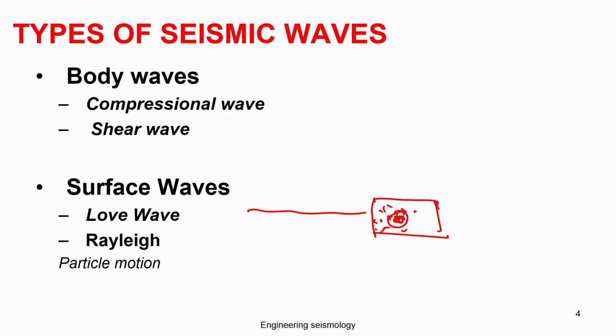The compressional and shear waves indicate particle behavior, that means the particle is compressed or the particle is sheared. The surface waves, Love and Rayleigh, are named after the scientists who discovered them. So, let us see how the compressional wave travels.